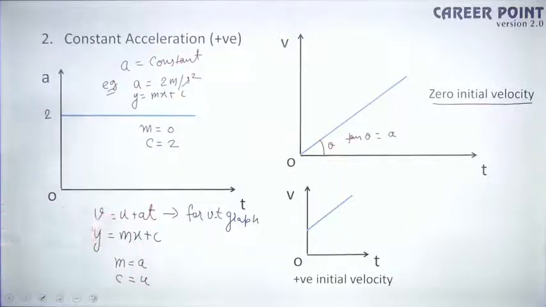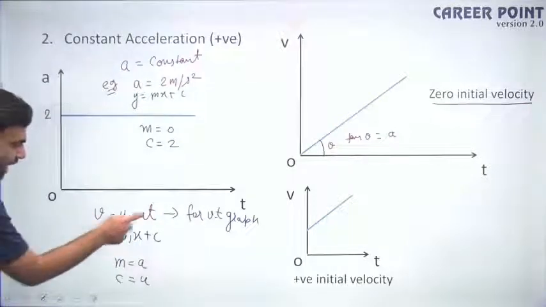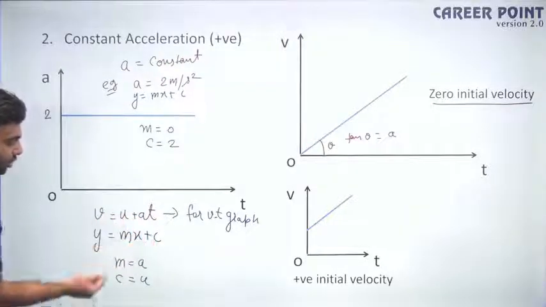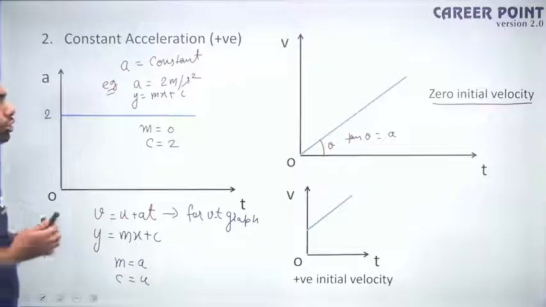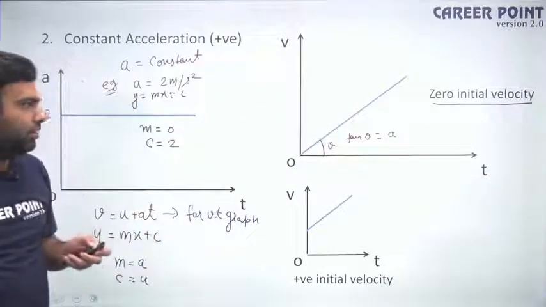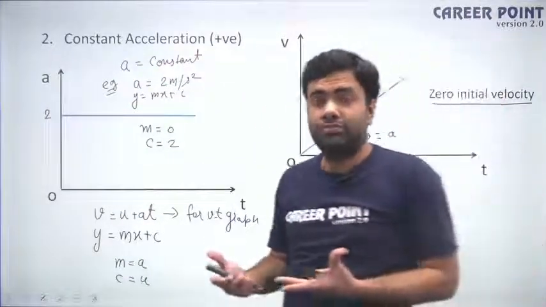We have two variables v and t, similarly we have variables y and x. So v instead of y and t instead of x. That is why a is equal to m and c is equal to u. So the slope of the velocity time graph is actually acceleration, and the slope of the displacement time graph was velocity.